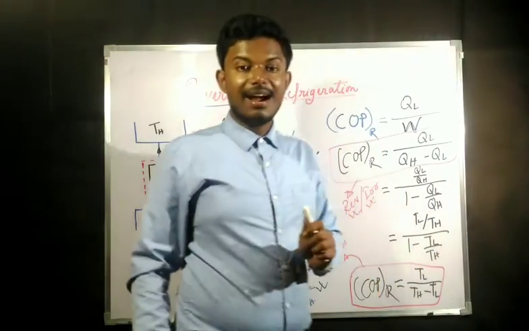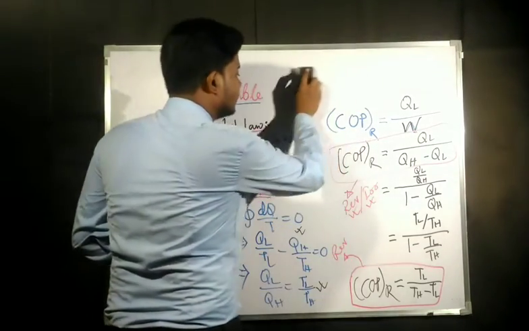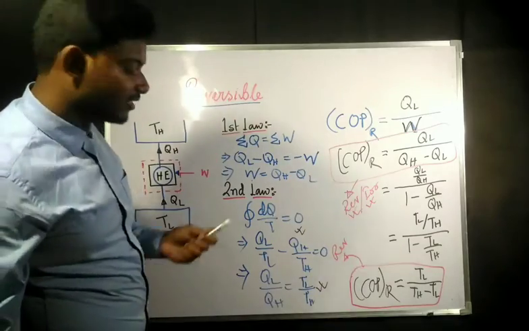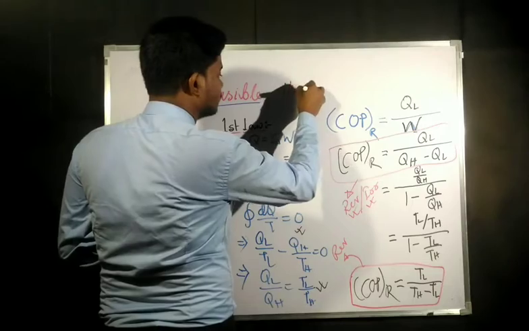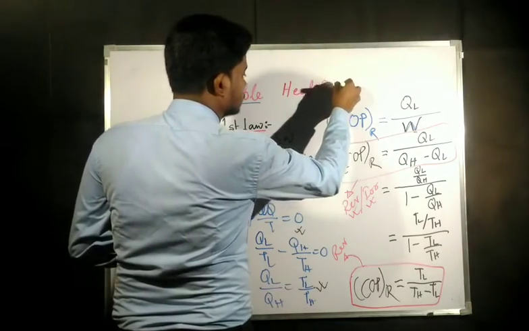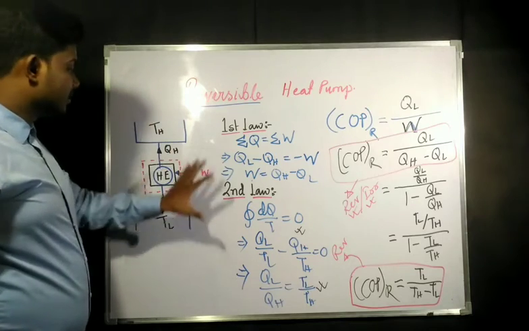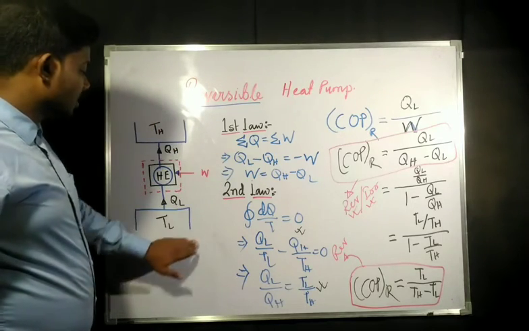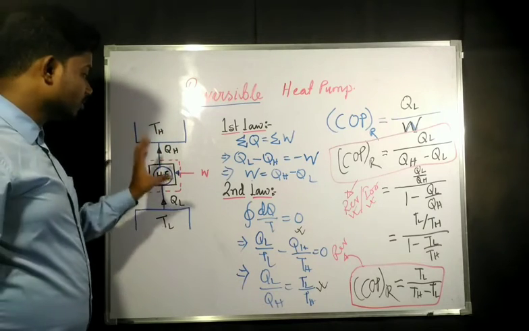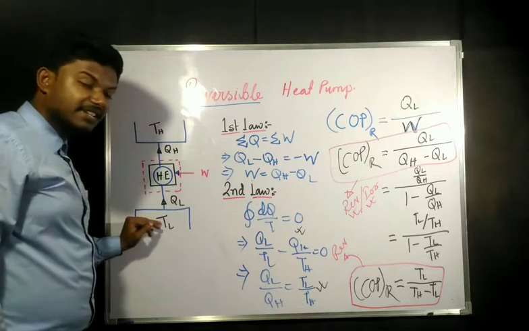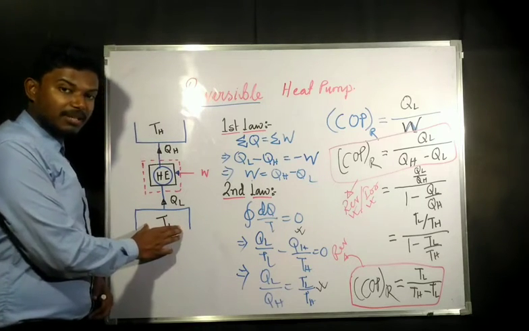Now what happens if you consider that this is the reversible refrigeration, and now let us consider that this is going to be a reversible heat pump. In a heat pump, the mechanism or the layout is completely the same. But in case of refrigeration, we need to maintain a temperature lower than the atmospheric temperature.